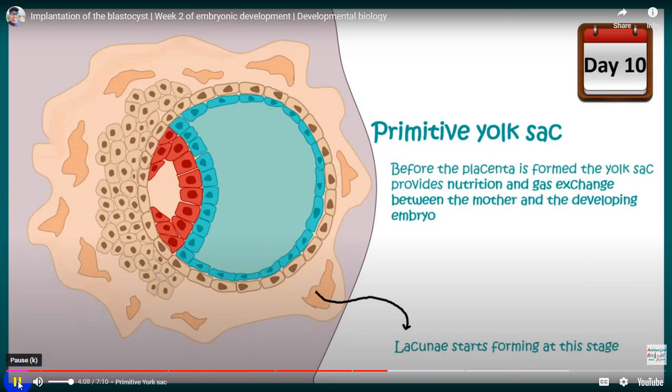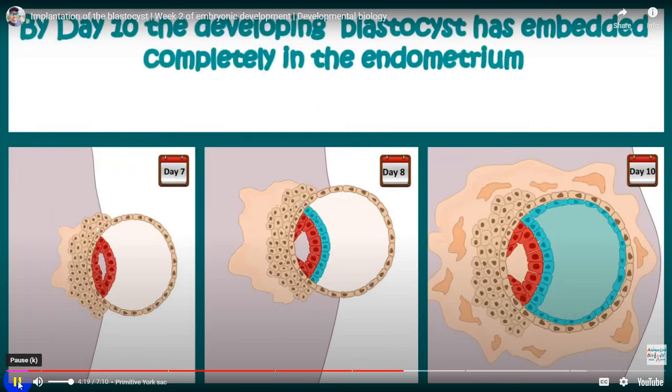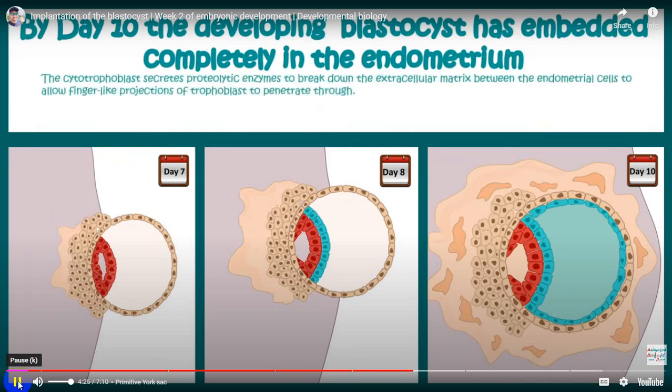Now this lacuna would eventually form an intricate network known as a lacunar network. By the end of day 10, we can completely understand the blastocyst has embedded completely in the endometrium.